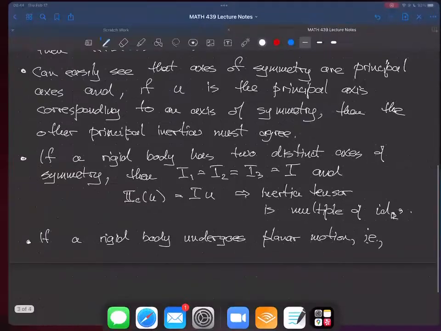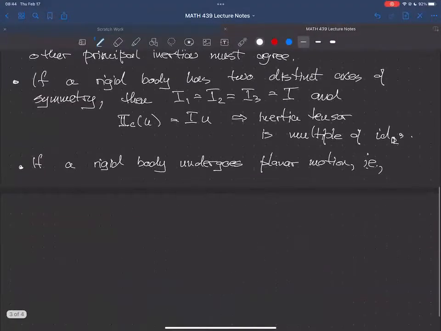Okay, planar motion, if you think about it for a second, what it means is, first of all, that there's some point in the body that is restricted to move in a plane. Okay. And let me call that point x naught.